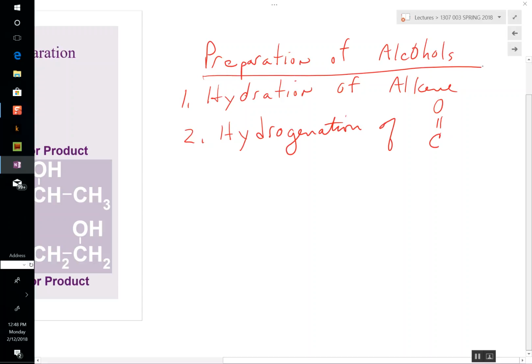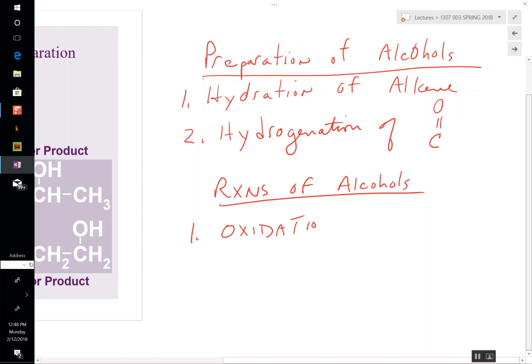That's preparation. And then we're going to look at the reactions of alcohols. Okay, so I'm distinguishing between how to make them and then how do they react. And so today we'll look at the oxidation of alcohols, and we will look at the dehydration of alcohols.